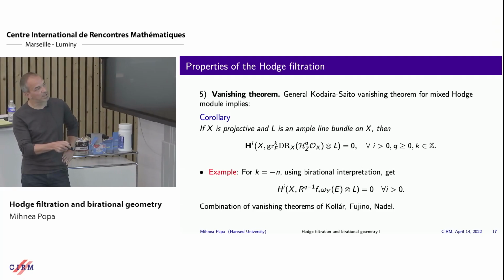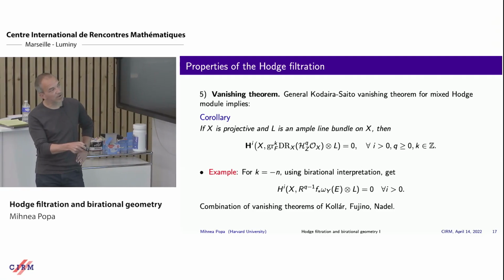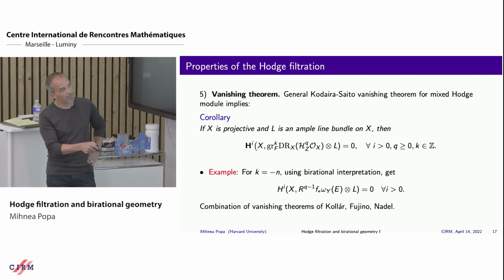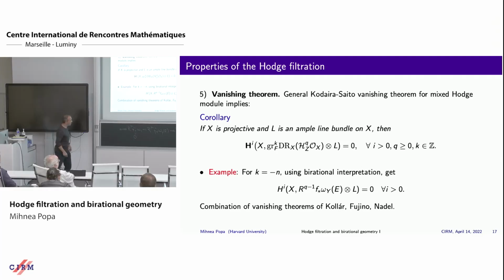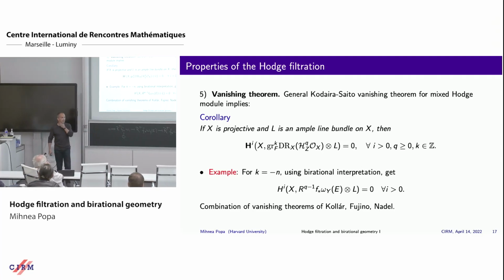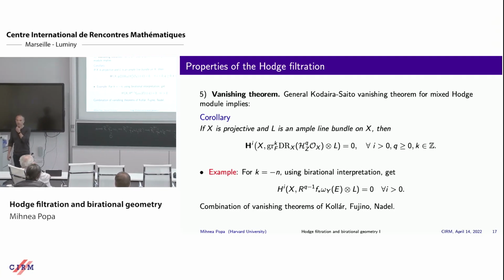The higher cohomology of the higher direct images of this canonical bundle with poles along E, or if you want, of this guy, like I said, at least when Q is at least 2, is equal to 0 when you tensor with an ample line bundle. All right, so if you were in the case where it's just a direct image, this would be like the Nadel vanishing theorem for multiplier ideals.